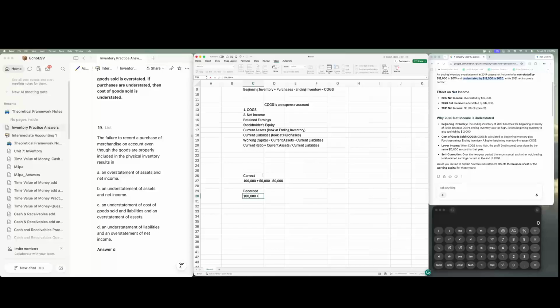They failed to record the purchase. It should be 50,000, but they only recorded 40,000, and then they recorded the ending inventory correctly.